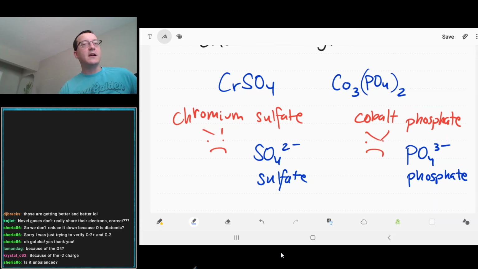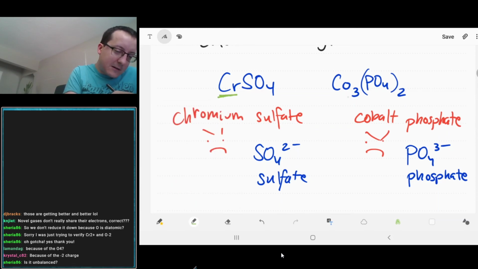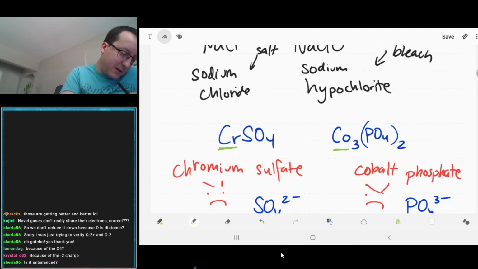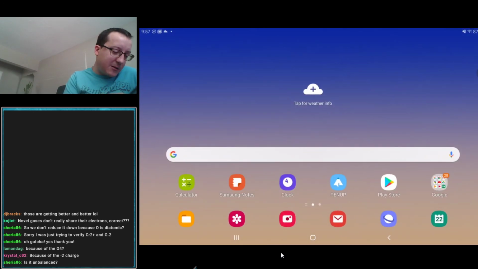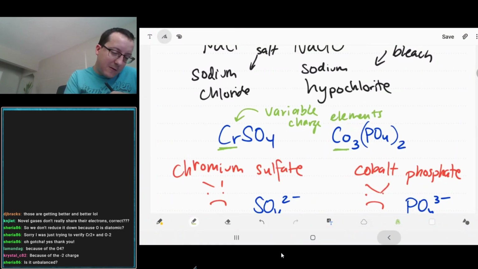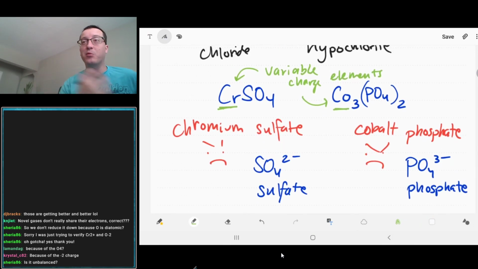Okay, so I'll just tell you guys since we are almost out of time. The reason is because these guys, cobalt and chromium, are variable charged elements. And anytime we have a variable charge element, we need to talk about the charge with the Roman numerals.